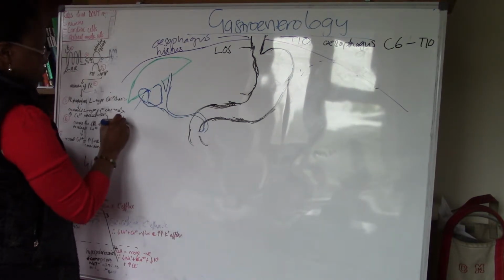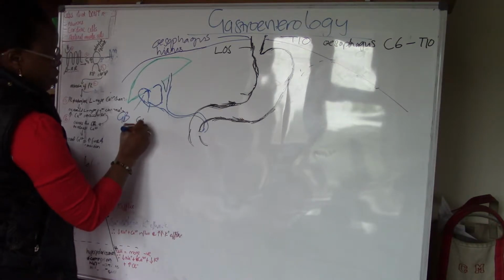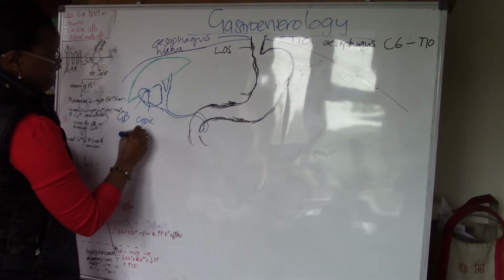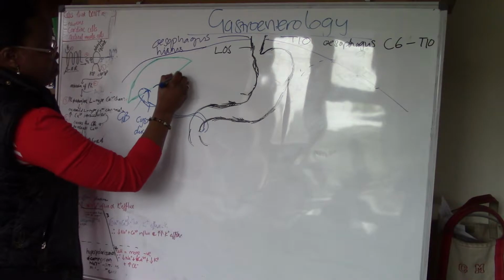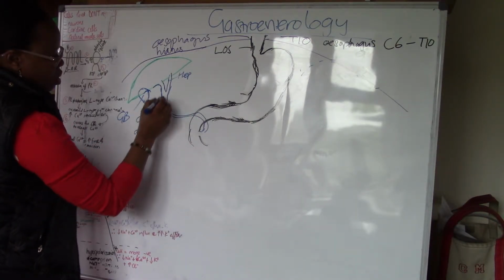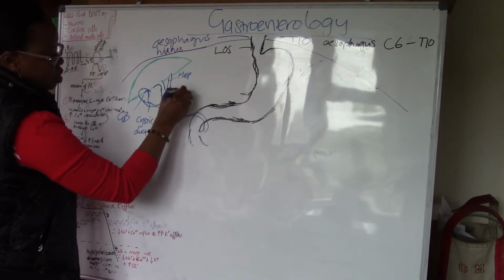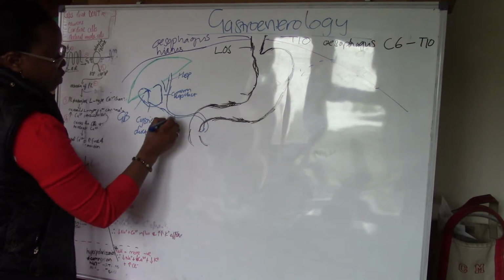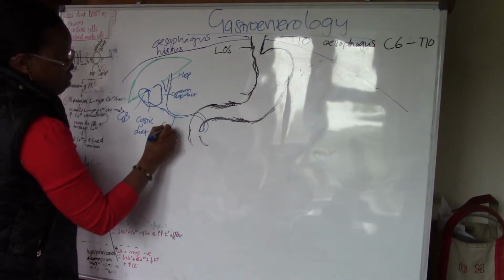So this will be our GB cystic duct, and these are the hepatic ducts, and then this will be the common hepatic duct, and this will be the common bile duct.